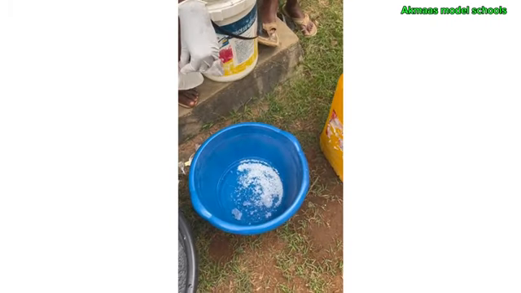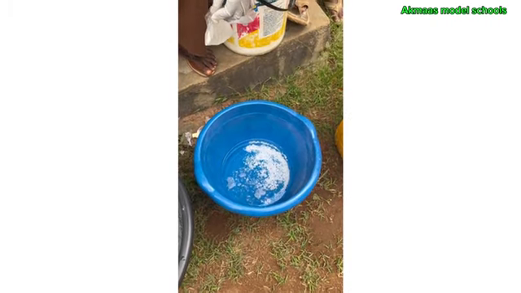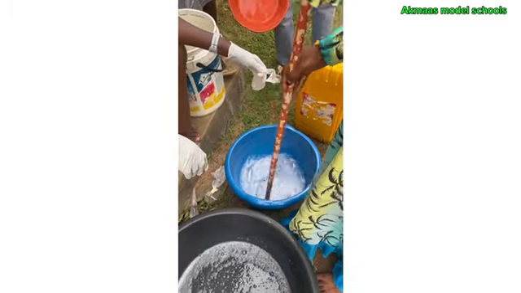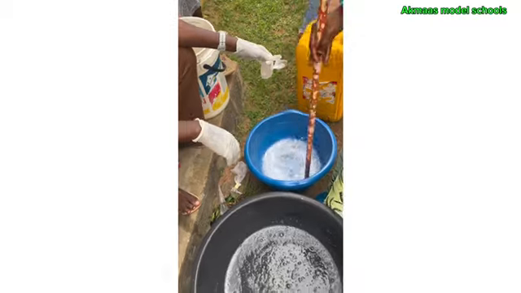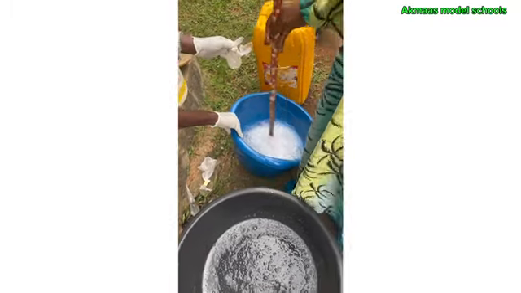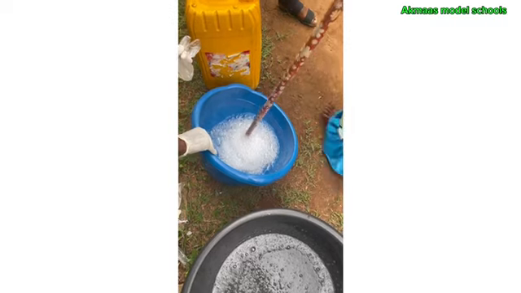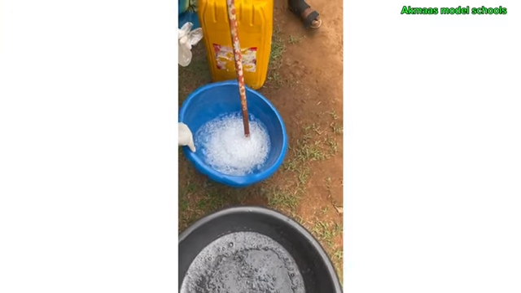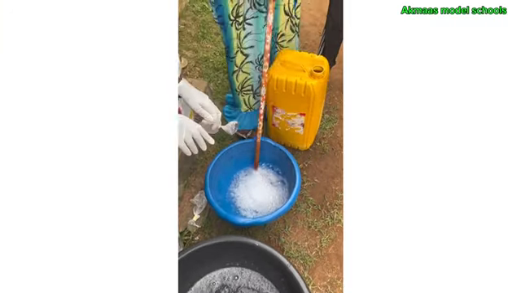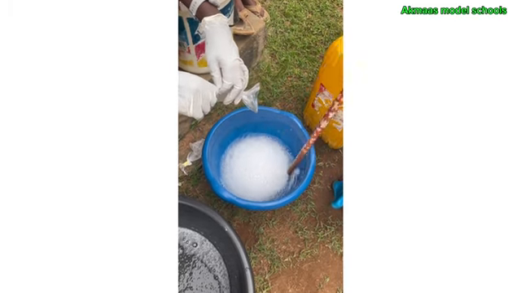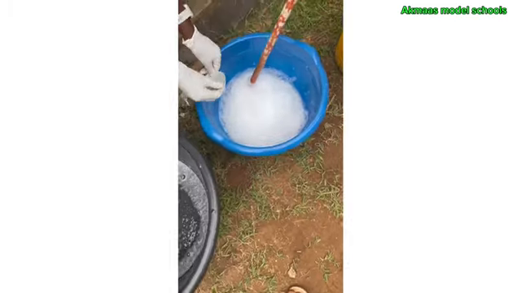So I wait for it to stir, to mix, and make sure everything is in a smooth form. Can you see? Yeah. So there are 3 items in this number 3 that we are meant to dissolve. So I've dissolved the first one, and now I'm adding the second one into it.